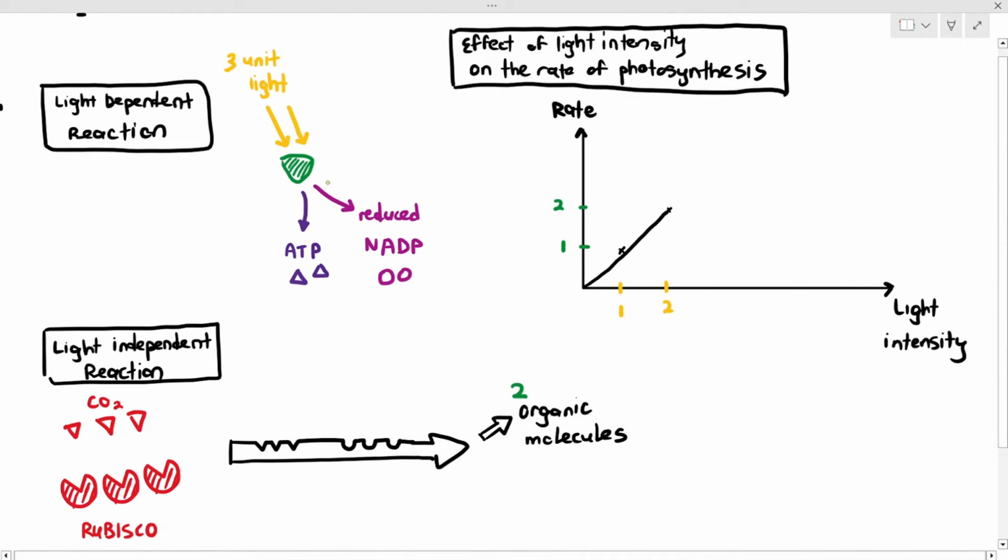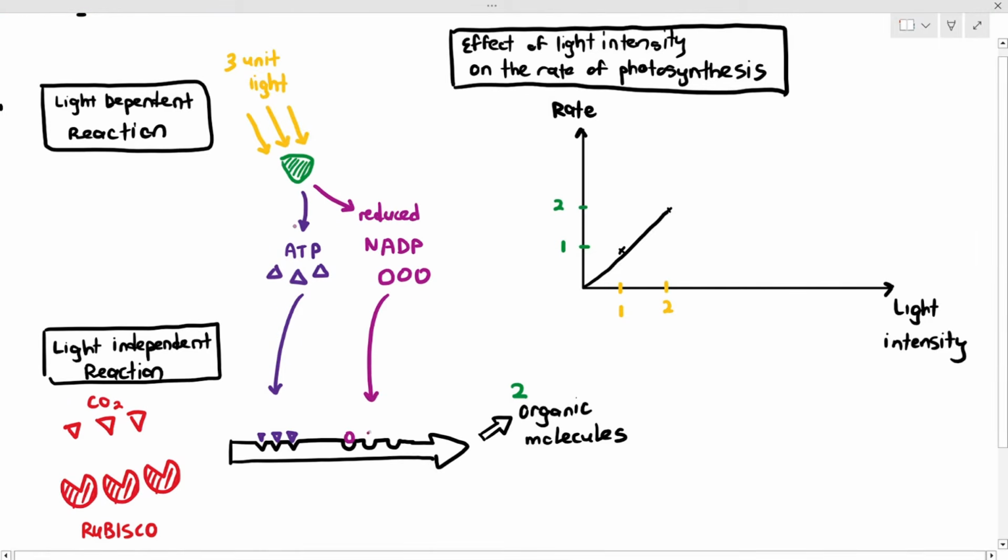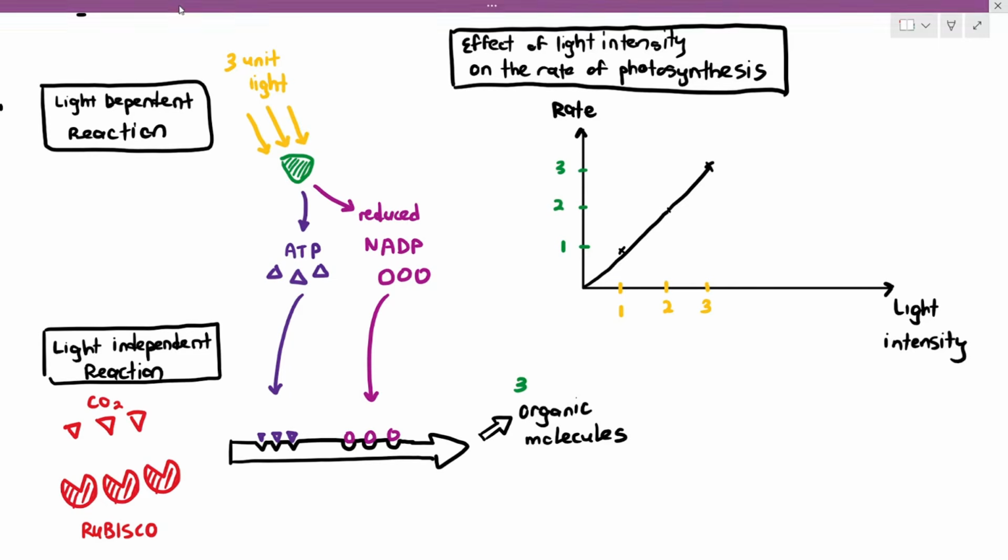When I give 3 units of light, guess what? Yes, it produces more ATP and also more reduced NADP. And what happens to the Calvin cycle in this case? You're right, because now it has more ATP and more reduced NADP to drive the Calvin cycle, it happens much faster, so it produces 3 organic molecules in this case.